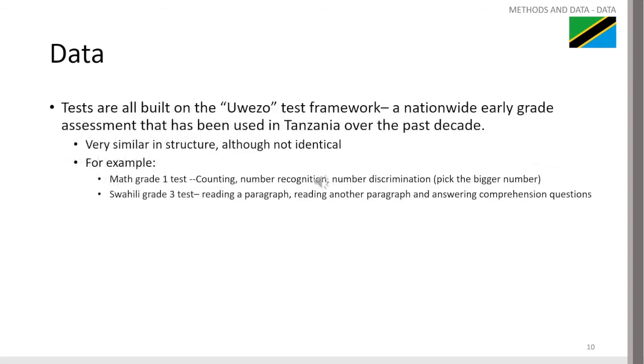The tests are built on the UWEZO test framework. So the UWEZO tests are a nationwide early grade assessment that's been used in Tanzania over the past decade. Our tests follow a very similar structure, and so they're going to be structured very similarly and comparably across time, although the items are not going to be exactly identical.